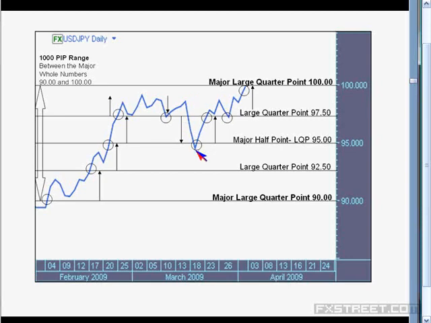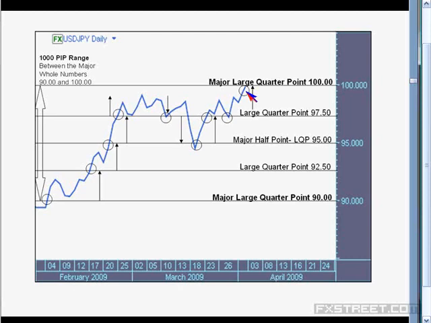Prices pull back to the major half point of the 1,000 pip range, and then in the next several weeks, the quarter between 95 and 97.50 yen is successfully completed, and finally even the large quarter between 97.50 and 100 yen is successfully completed.